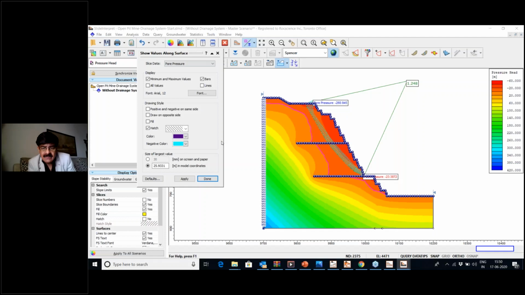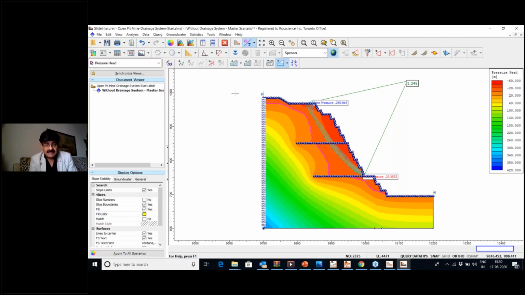Okay, you can see some pore water pressure. It's okay. So that way you can see the influence of providing drains using a finite element analysis. So let's go back to the presentation.